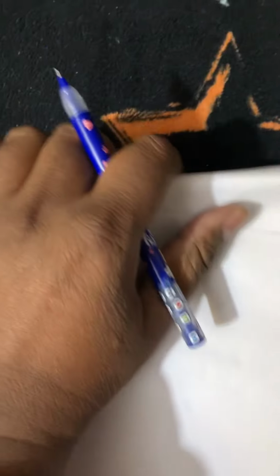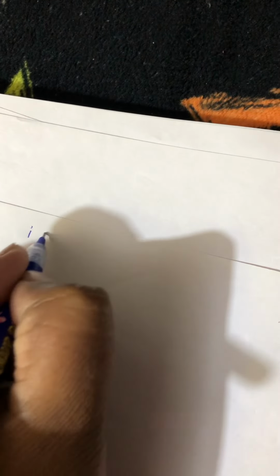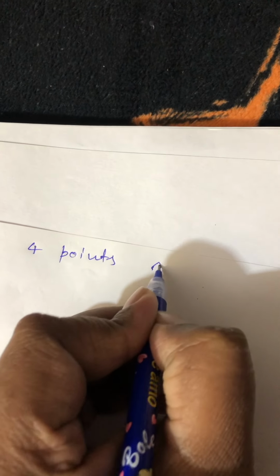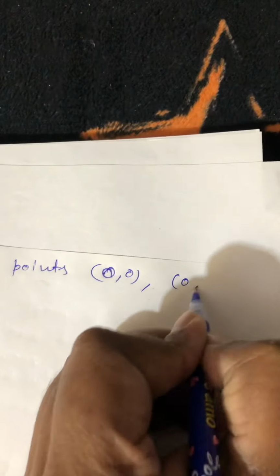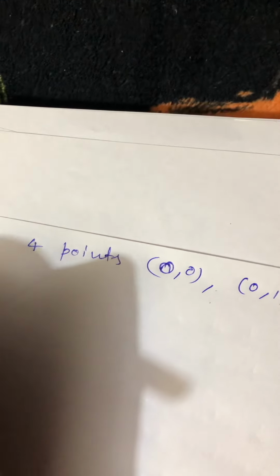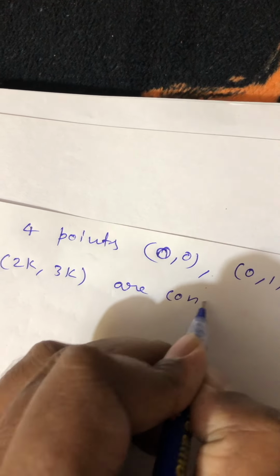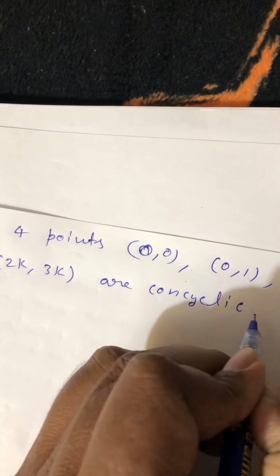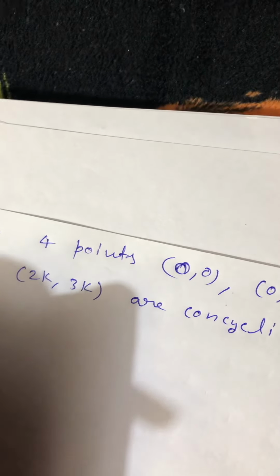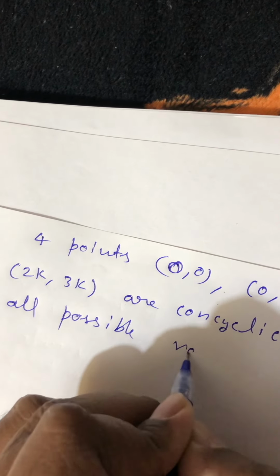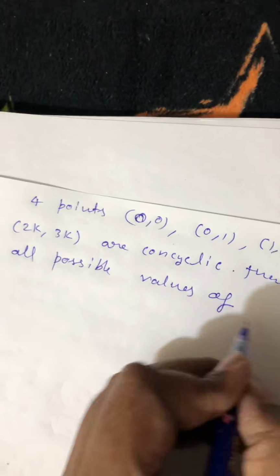So let's solve some questions. If four points (0,0), (0,1), (1,0) and (2k,3k) are concyclic, then find all possible values of k.